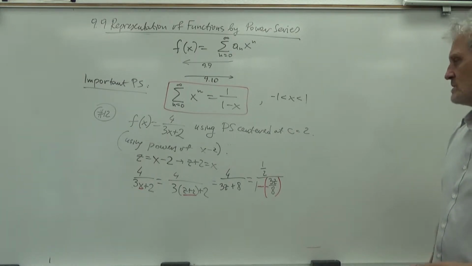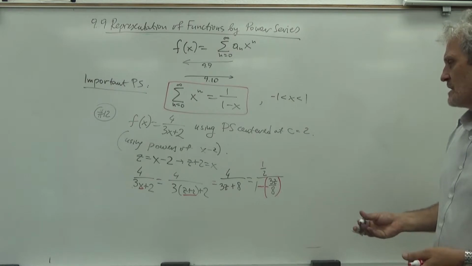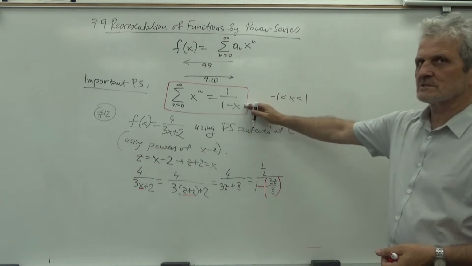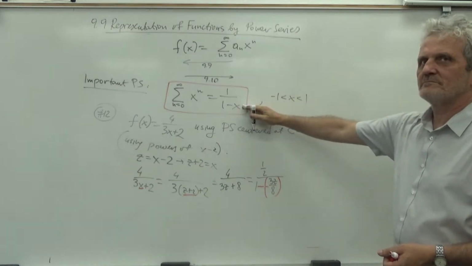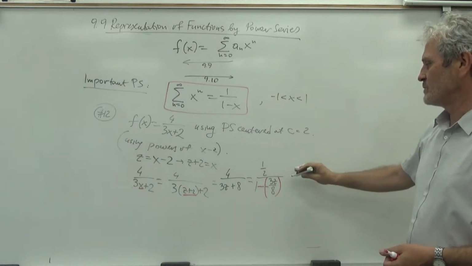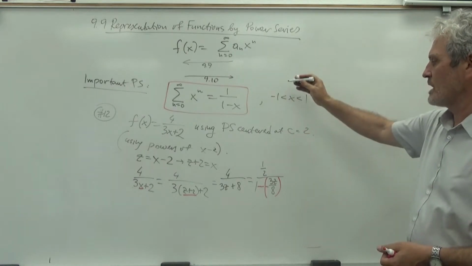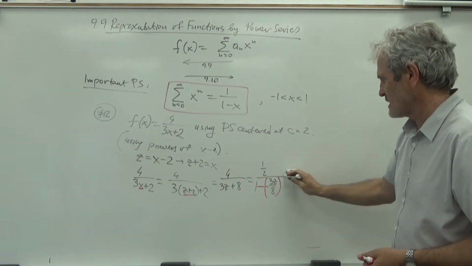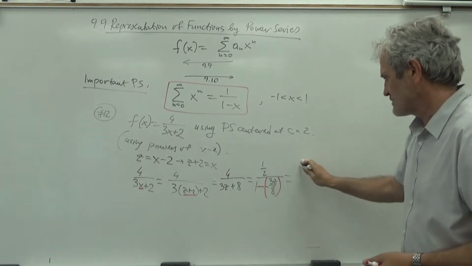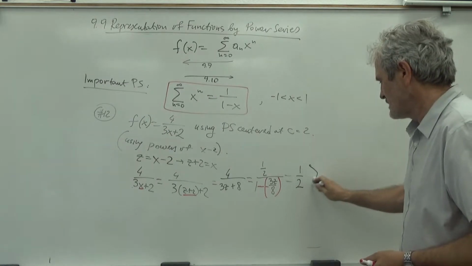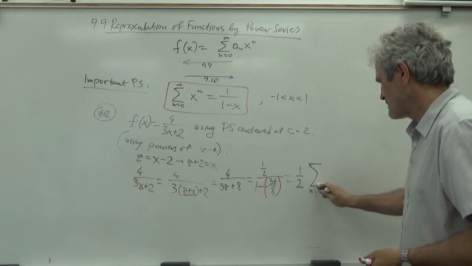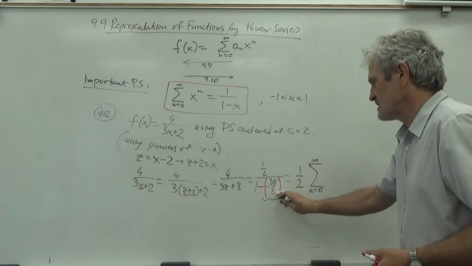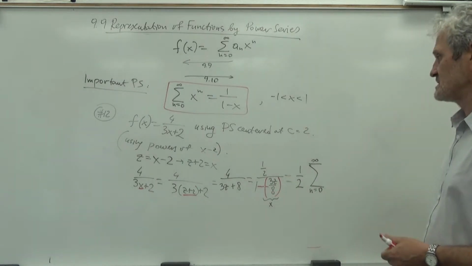And then we will say the following. This will be a geometric series, the same one as the one that we have in the box, so we will use it when this represents our x. So what would that be? 1/2 goes in front of it, and we have the sum from 0 to infinity, and then this expression will stand for x, but be careful, together with its minus.